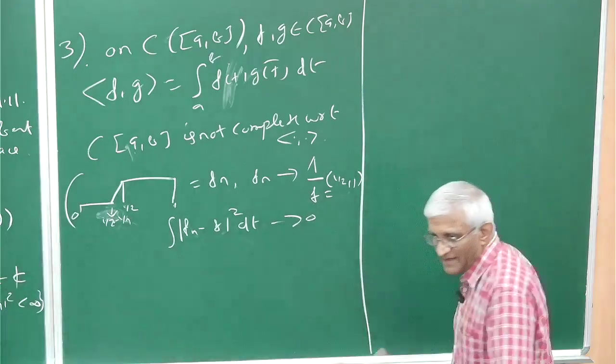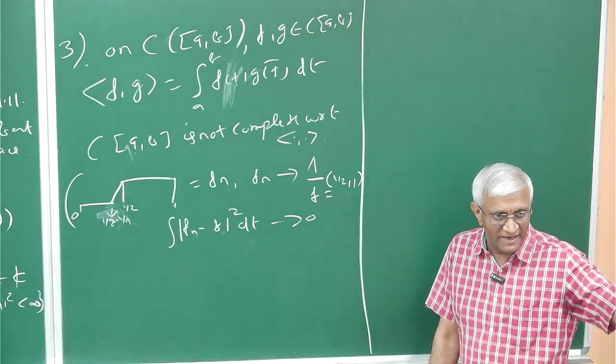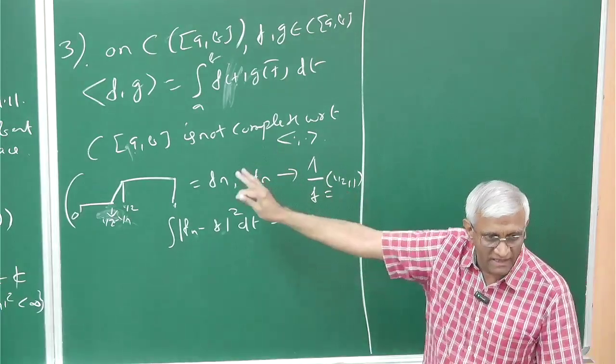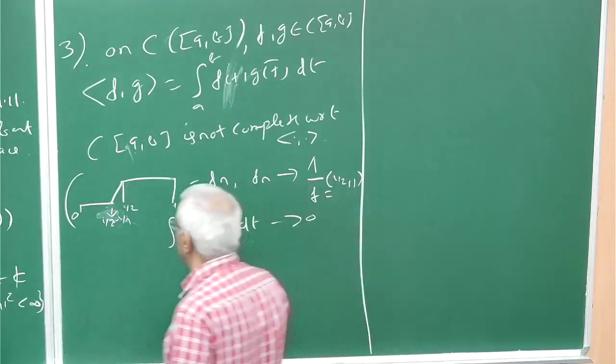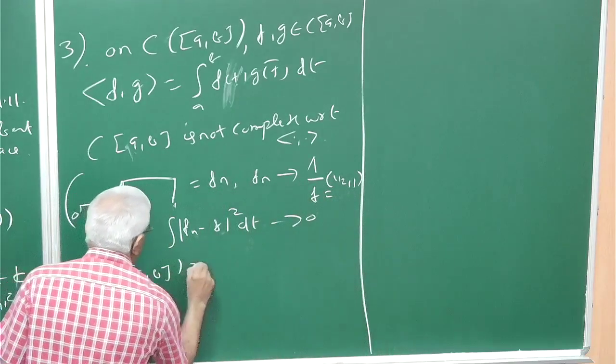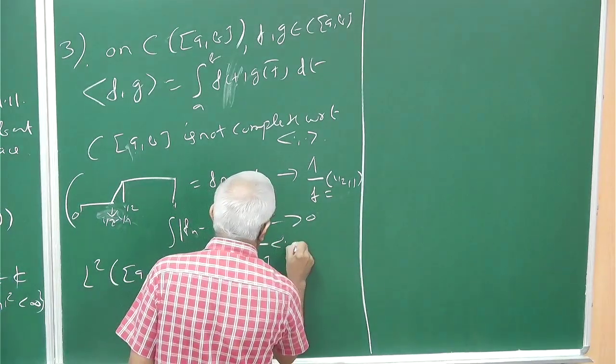Norm is just the distance between 0 and f, so you can define a norm on that, and it will be a normed linear space. So you define L2[a,b] to be the completion of C[a,b] with respect to this norm.